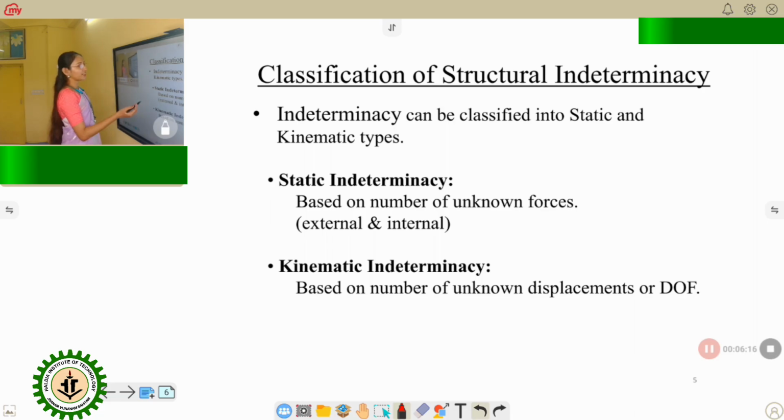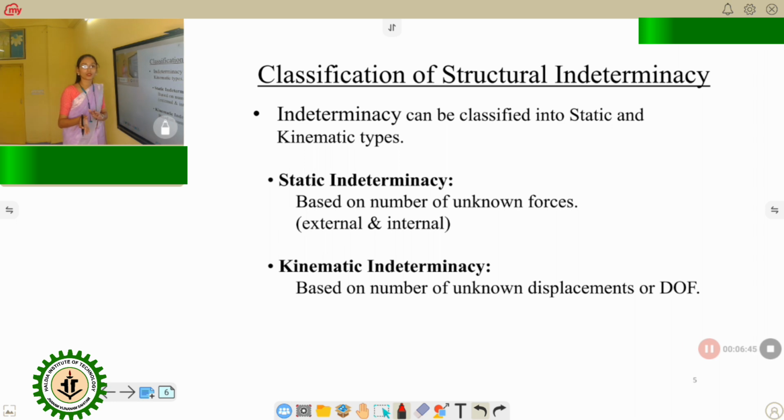Mainly, static indeterminacy is calculated on the basis of the number of unknown forces. That means how many unknown forces we have that we need to solve. These unknown forces are calculated. Thereafter, the solvable forces are calculated using the unknown forces and the equilibrium equations.